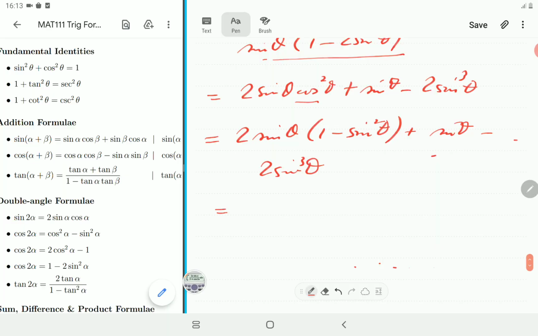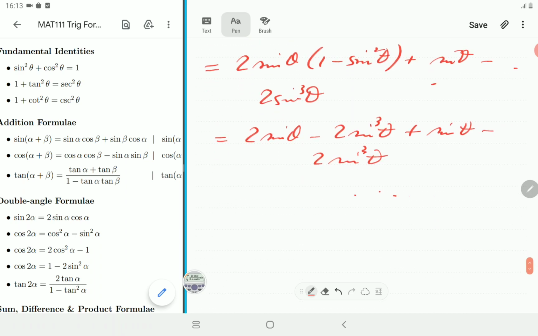Then if we remove brackets there, this is going to be 2 sine theta minus 2 sine cubed theta plus sine theta minus 2 sine cubed theta. Then collecting terms is going to give us 3 sine theta minus 4 sine cubed theta. So that is your sine 3 theta in terms of sines.